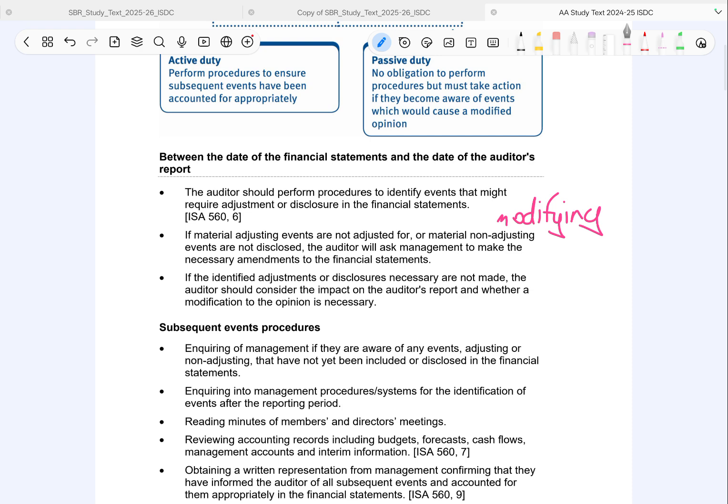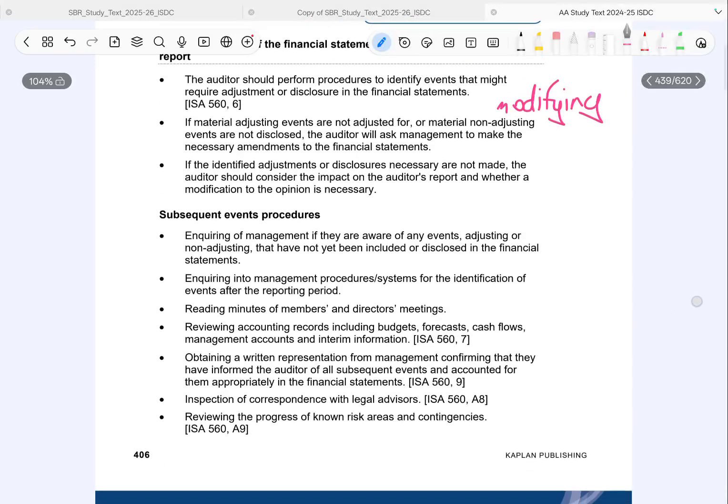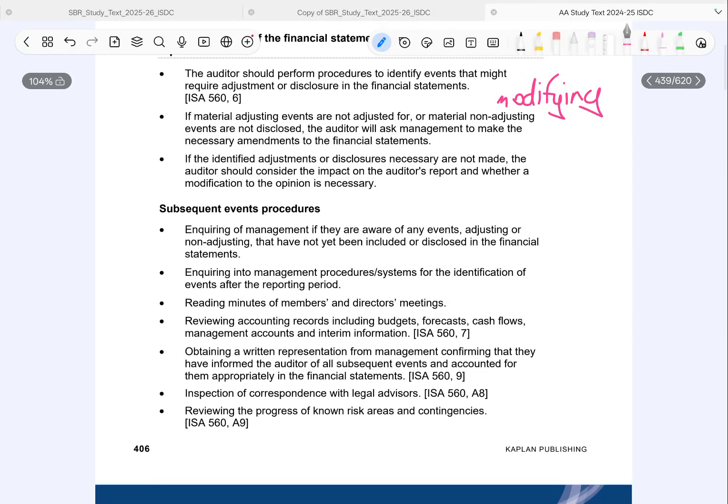Now let's quickly run through the procedures auditors perform, and trust me, this is exam gold. First, we simply inquire with management: are there any events we should know about? Second, we check their system. Do they have proper procedures to identify events after year end? Third, we go back to solid evidence. Read minutes of meetings, because big decisions are always documented here.